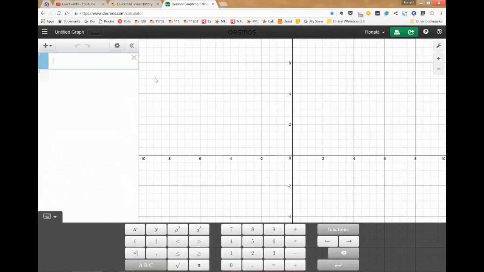We have 2x to the 6th plus 5x to the 4th minus x squared.